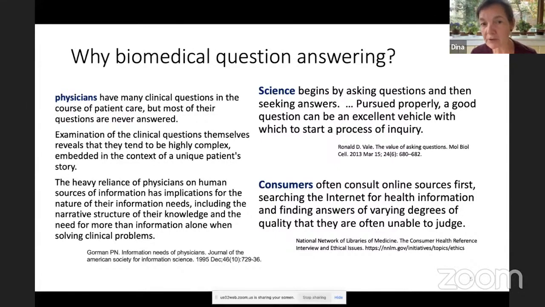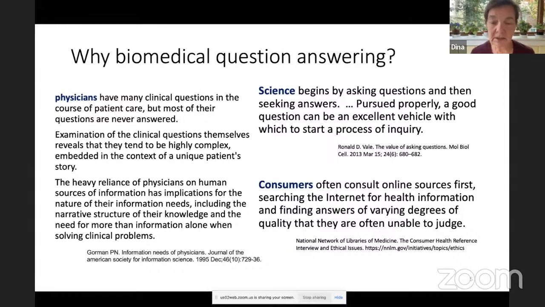Of course, for the researchers, their science also begins with questions, and very often they need that sort of high accuracy information retrieval, the answers that tell them what the state of the art is and whether the idea they have is a new idea. And approximately 10-15 years ago, we started noticing that the public is changing their search for health information.